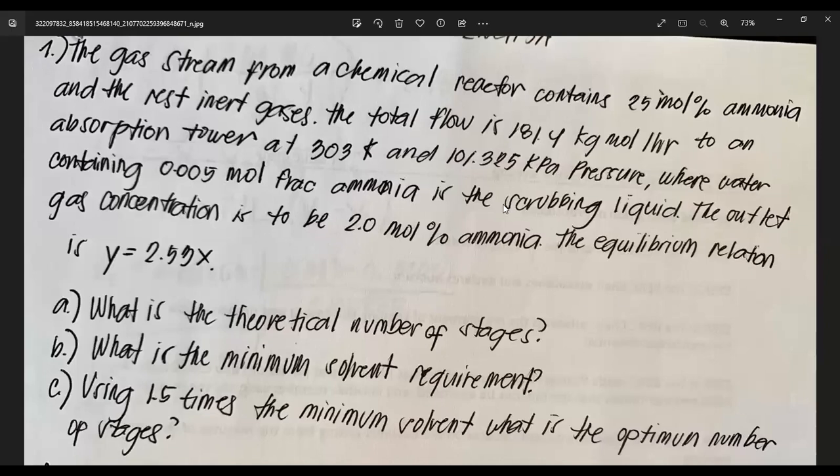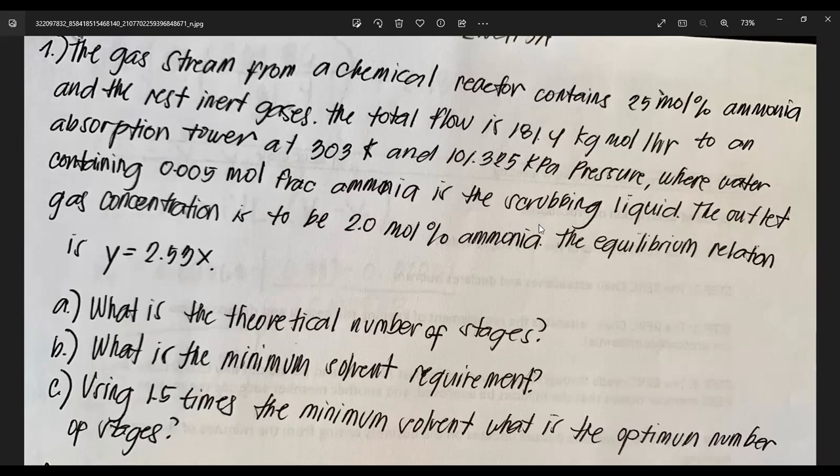You have a single problem in quiz number 4, and it talks about a gas stream from a chemical reactor which contains ammonia, and this ammonia needs to be scrubbed off from the rest of the inert gases that it's mixed with. So your mixture of gases is 25 mole% ammonia. The total flow is 181.4 kilomole per hour for your tower operated at 303 Kelvin and 101.325 kilopascal pressure, where water containing 0.005 mole fraction ammonia is the scrubbing liquid.